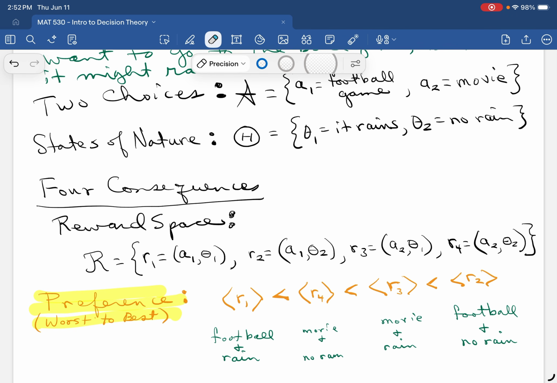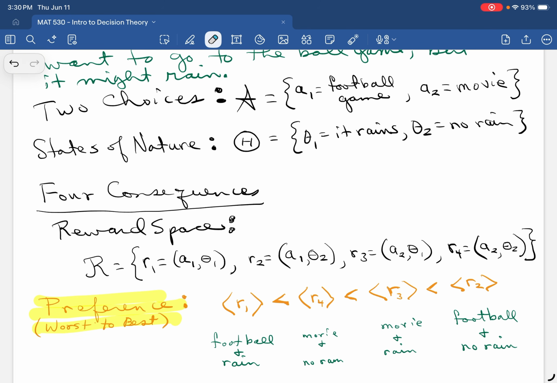We need to assign a utility to each one of these rewards, each one of these consequences. The way the book is going to instruct us to do that is going to be to assign a utility of 0 to the worst reward and a utility of 1 to the best reward. And then from there, we'll have to decide how to assign utilities to these middle two.